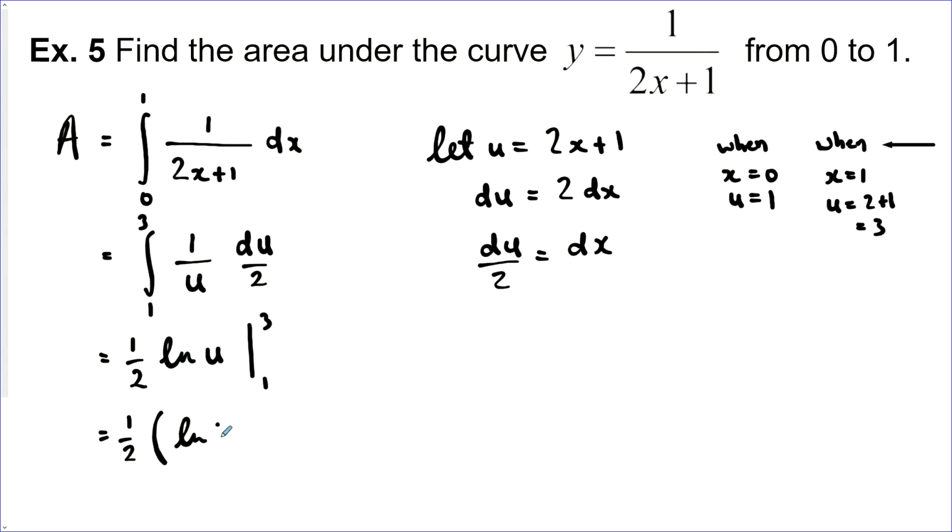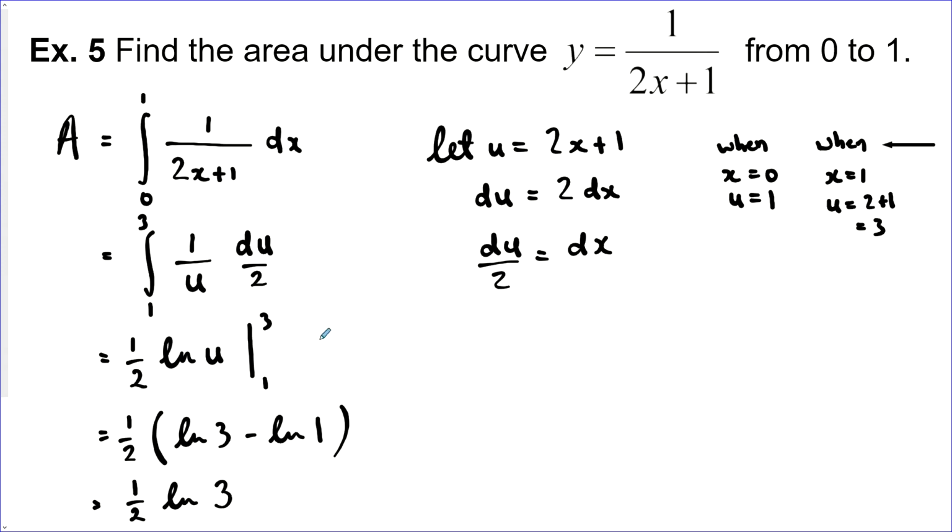The natural log of 3 minus the natural log of 1. And the natural log of 1 is 0. And so we can simplify this to 1/2 the natural log of 3.